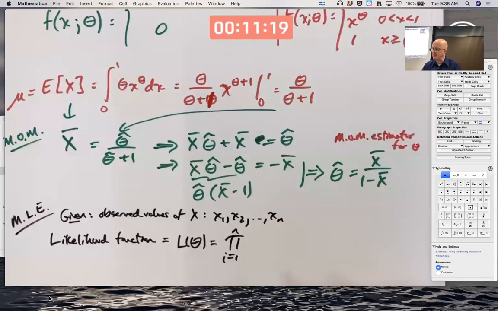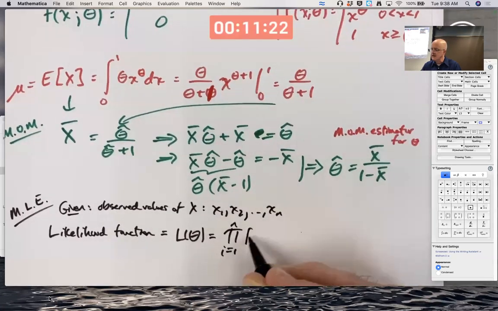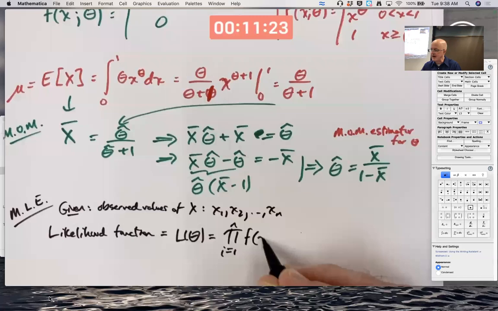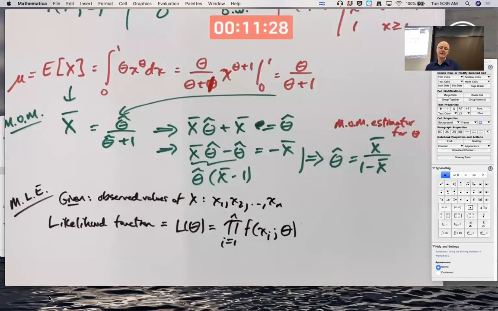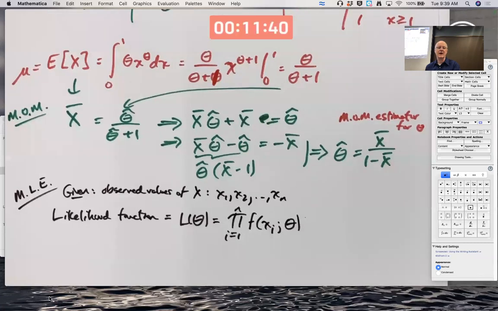Use your capital Pi product symbol, little f of x sub i, semicolon theta. This is a function of theta because the little x sub i's are fixed. I'm not saying what they are, I'm just saying they're fixed. And the method of maximum likelihood says to try to find the maximum likelihood estimator for theta, find the value of theta that maximizes this likelihood function. Use calculus to maximize this. It is a function of theta.